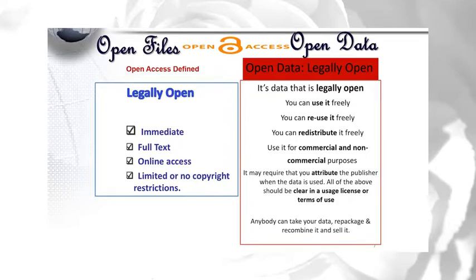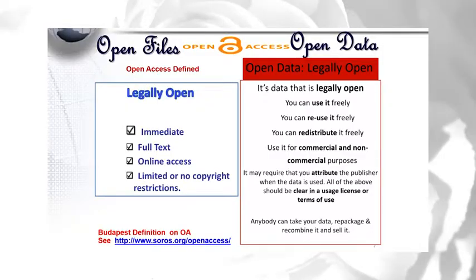It may require that you attribute the publisher based on some attribution license that we will talk about shortly. The formal definition is the Budapest definition, and you can access it at www.soros.org/openaccess.